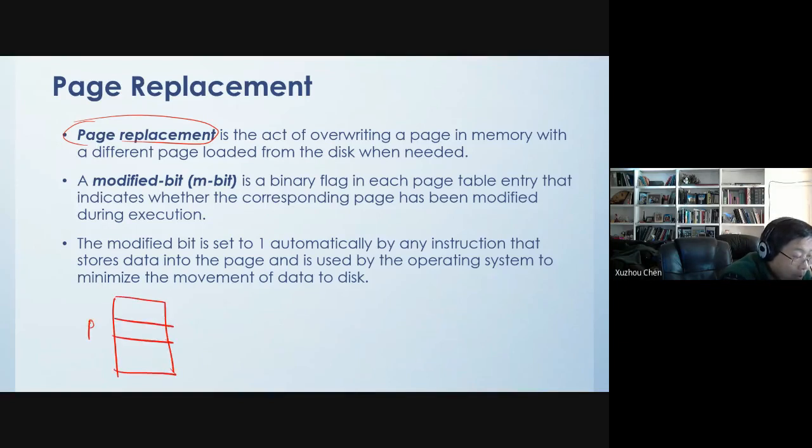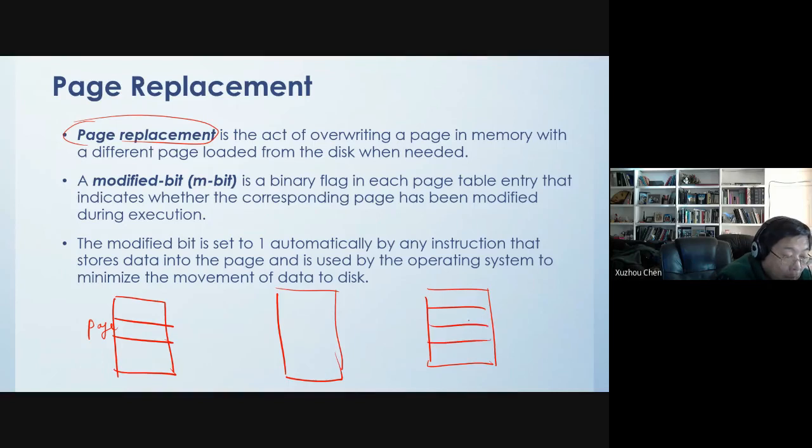This is a page I want to execute. This is a page table, and this is the physical memory. The physical memory is full, so there are some other pages already in the physical memory. This page you want to load into the physical memory is not there. Okay, now what do you do?